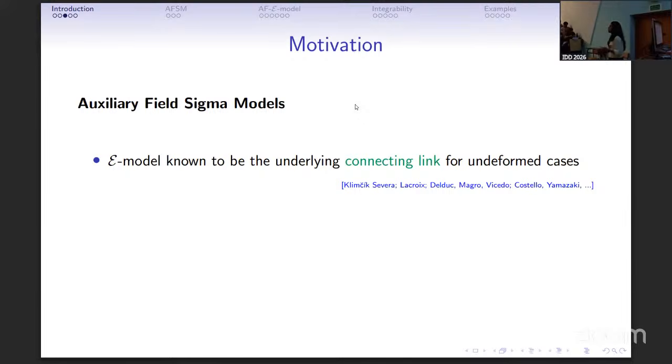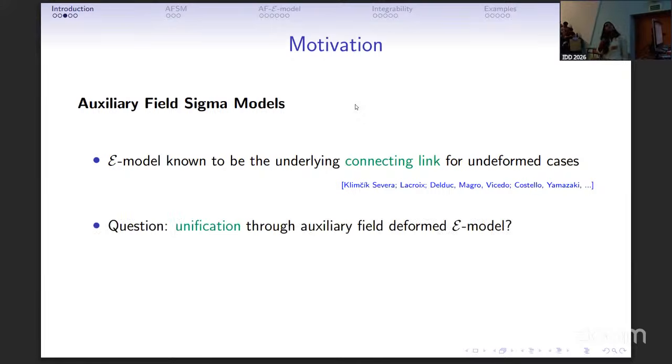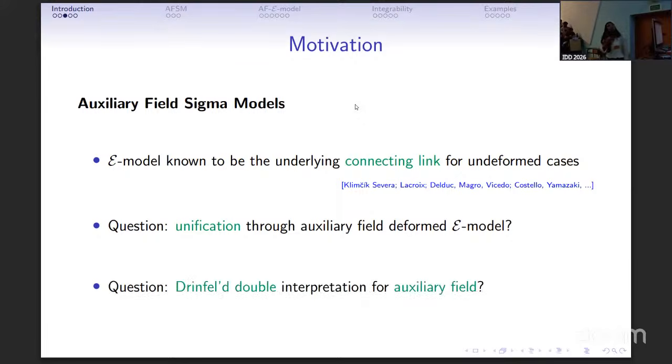So the idea is, what if the same connecting link can survive for the deformed cases as well, which can lead to the unification through having an auxiliary field deformed E model itself. So instead of studying these tiny bubbles on their own, you can think of it as one whole unified picture that can be addressed.